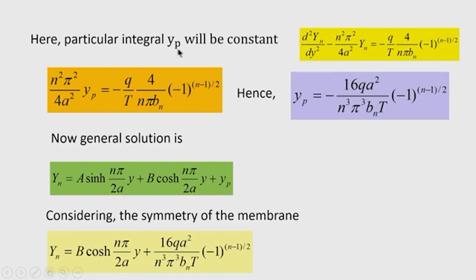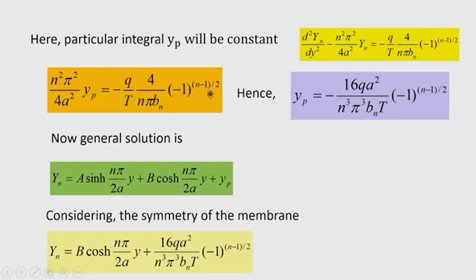If I take the particular integral as y p and substitute it in the differential equation, the differentiation of this constant term will be 0. So the derivative term will not contribute when you substitute y p, because y p is constant, and only the other term will remain. So n pi square by 4 a square into y p equals minus q by T, 4 by n pi b n, into minus 1 to the power n minus 1 by 2.